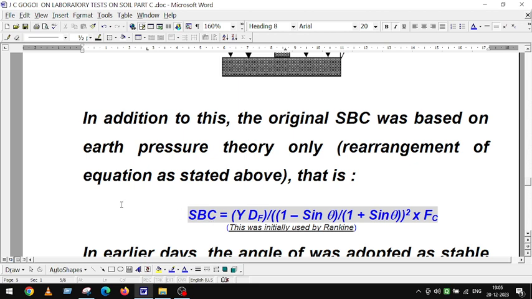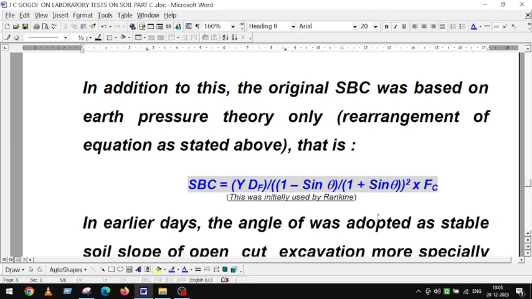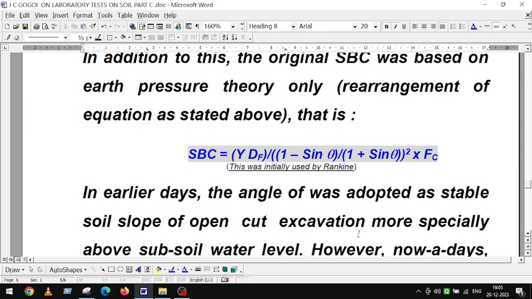So nowadays this equation is only for floating foundation, although it was the original SBC equation as per Coulomb and Rankine theory. In earlier days, the angle of repose was adopted for stable slope of open cut excavation, more especially above subsoil water level.